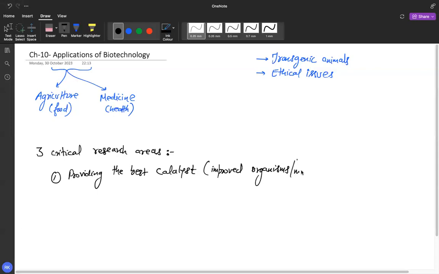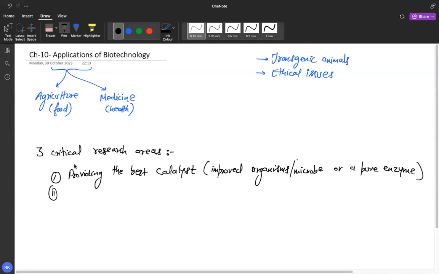When I say organisms, basically I talk about microbes, bacteria, yeast, etc., or a pure enzyme. So these are the two things that you are actively developing in biotechnology. You always need better and better microbes that you can culture, or better pure enzymes that you can get out of your cultures, which means getting better products simply.